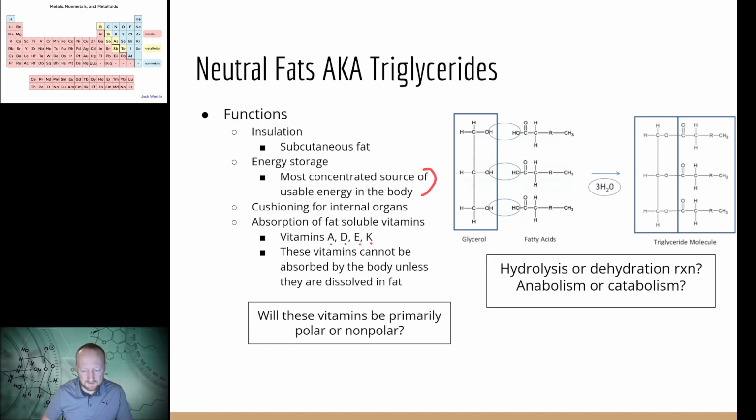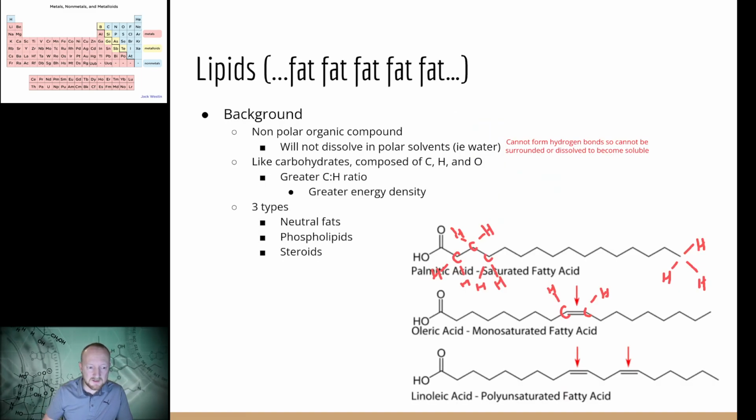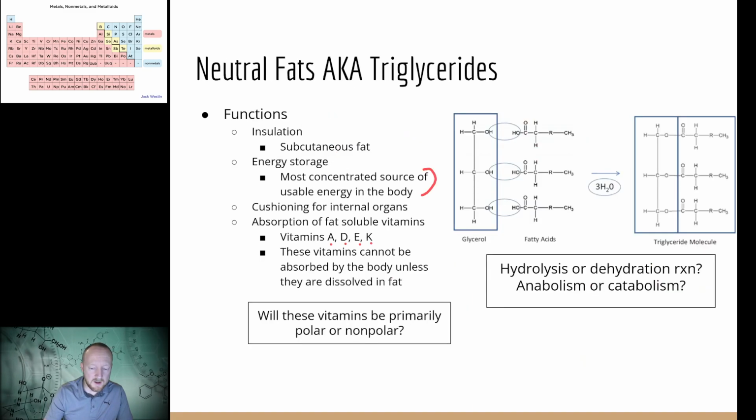See if you can answer it on your own first. To answer that, we have to look back here. You see that lipids are non-polar organic compounds. Polar compounds dissolve in polar solvents, so it makes sense that non-polar vitamins would be soluble in non-polar fats. So they're going to be primarily non-polar.